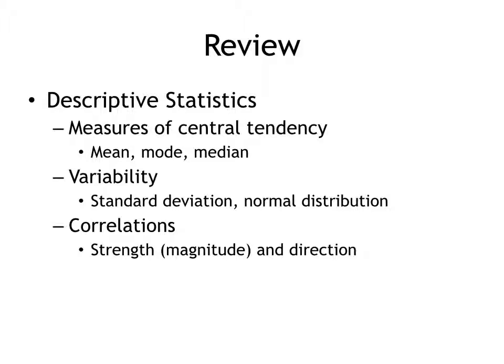And you use a correlation coefficient to show the strength. It's going to be between 0 and 1. The higher shows the stronger relationship, the magnitude. And then the direction is going to be shown, whether the slope is going up to the right or down to the right. And that shows the direction of the correlation.